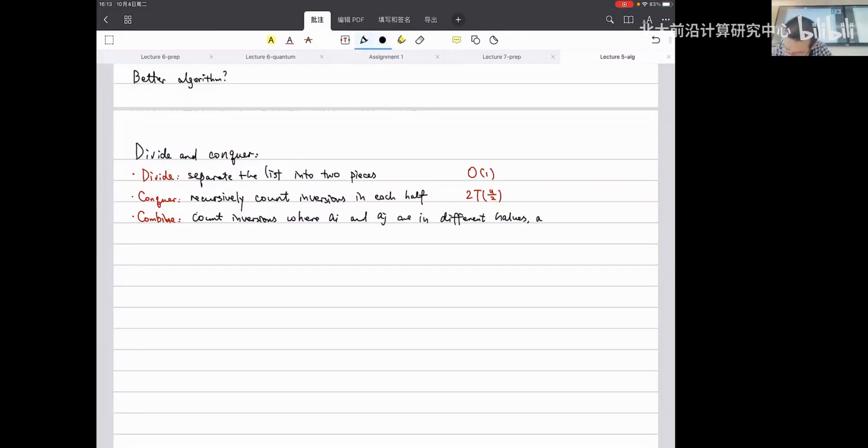And actually, we need to return the sum of all three quantities.